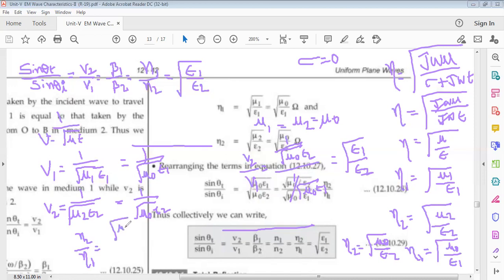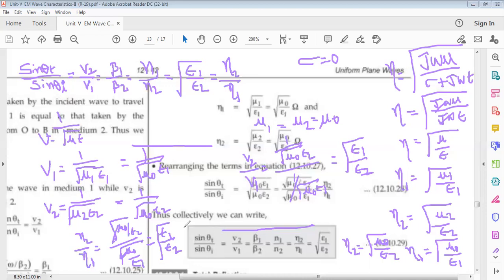Under root of mu naught by epsilon 2 and under root of mu naught by epsilon 1. So these two get cancelled. It becomes epsilon 1 by epsilon 2 under root. So already we got this one, the intrinsic impedance eta 2 by eta 1.